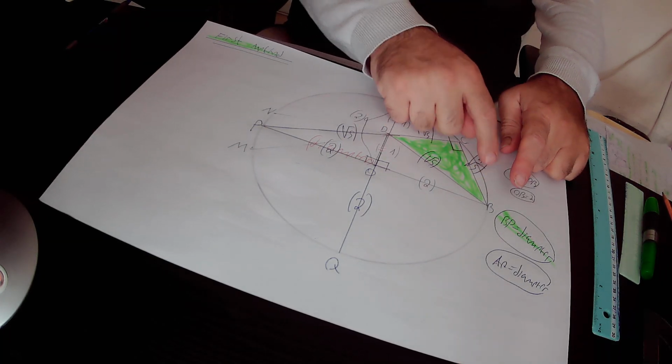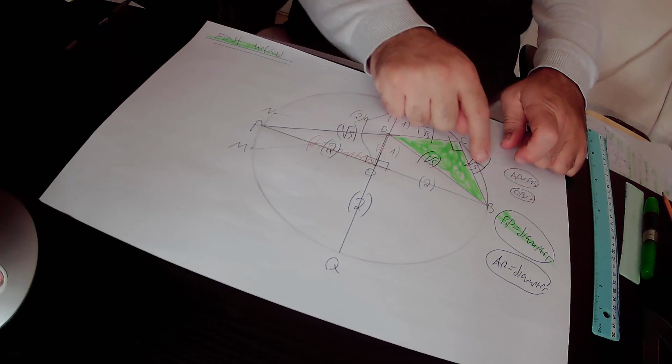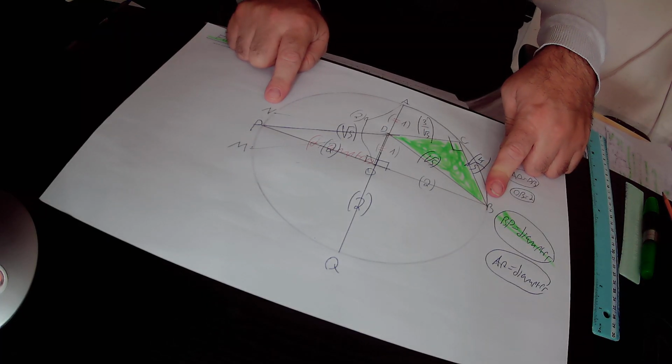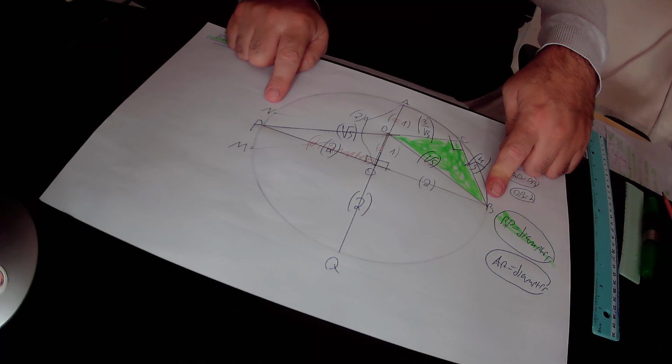And peripheral angle BCN subtends chord BN. Again, peripheral angle BCN subtends chord BN. Chord BN is definitely not the diameter of the circle, because chord BN doesn't pass through point O, the center of the circle, and therefore it cannot be the diameter.